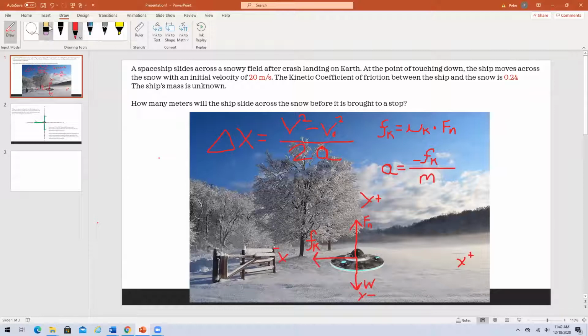So once again, I will substitute this in for our definition of A. So what I know is that A will then also equal negative coefficient of kinetic friction times normal force.